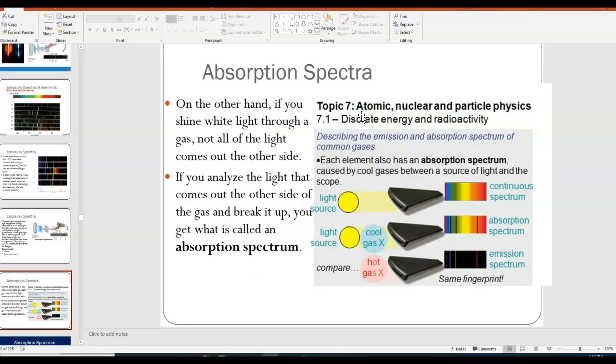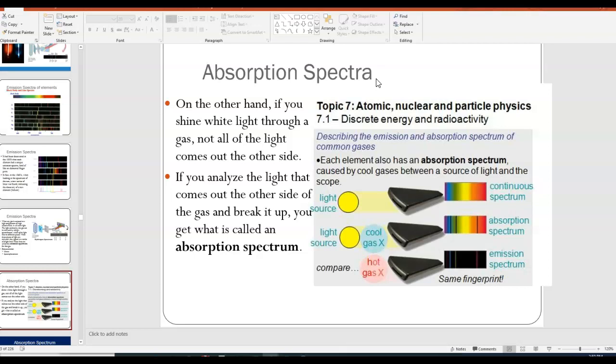Now, absorption spectra is kind of the opposite thing. When you talk about an emission spectra, you're talking about the gas giving off light itself. Now, we know that if you take a white light and you break it up with a prism or a spectrometer, you get a continuous spectra. We saw that before. Likewise, if you take a gas and make it give off its own light by heating it up or putting electricity through it, you get an emission spectrum.